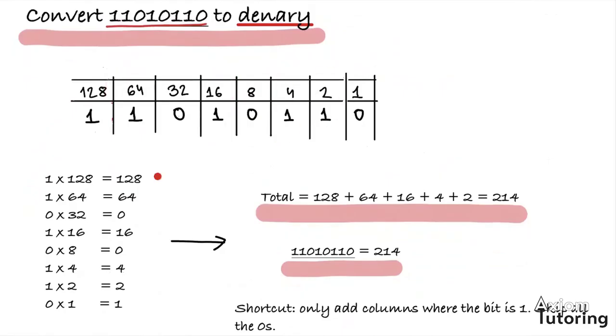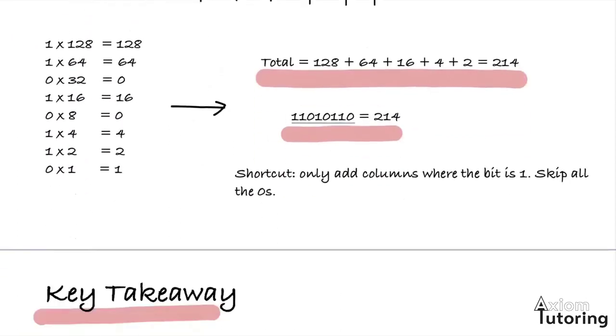And you multiply all of these columns, then you add them up in here, and in the end you get the result, which is the denary representation of the binary number that you wanted to convert. So this thing where we ignore all the 0 columns and we only focus on the columns where the digit is 1 is a very useful shortcut that makes our lives quite easier when we try to convert.